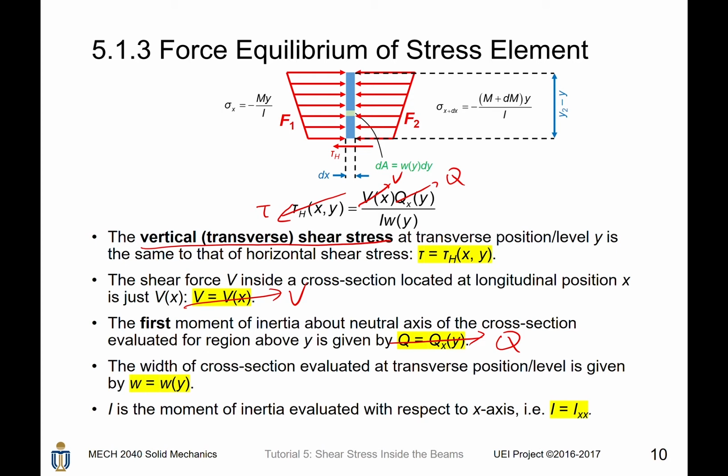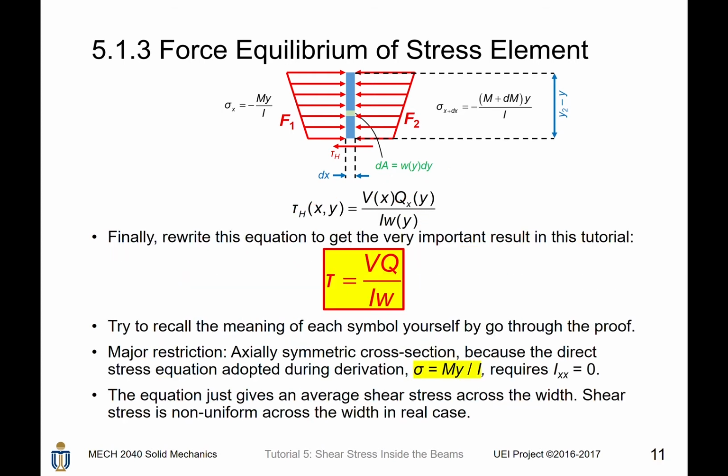You just bear in mind that this moment of inertia is evaluated with respect to the horizontal axis. The width of the cross-section at a particular position y is just w. Finally, you will get this very important shear formula, tau equals VQ divided by Iw.